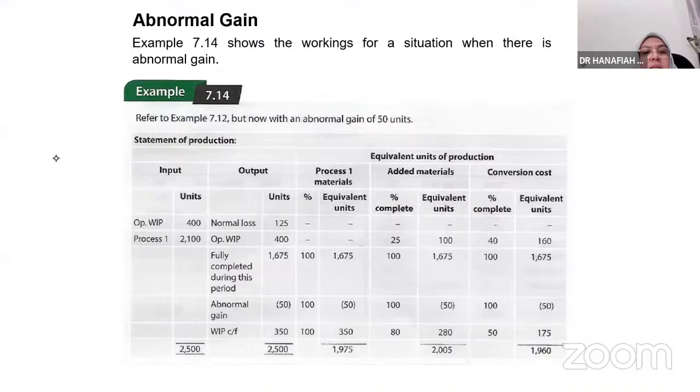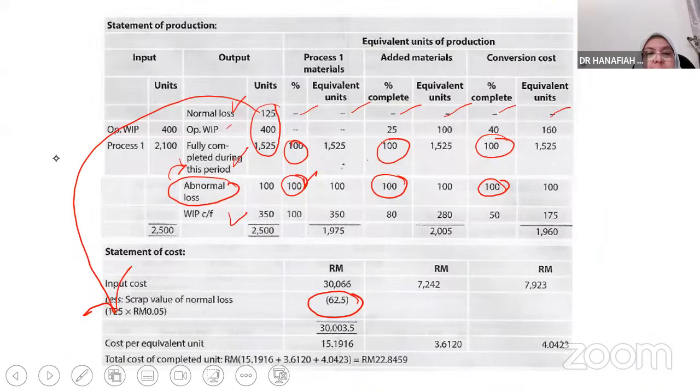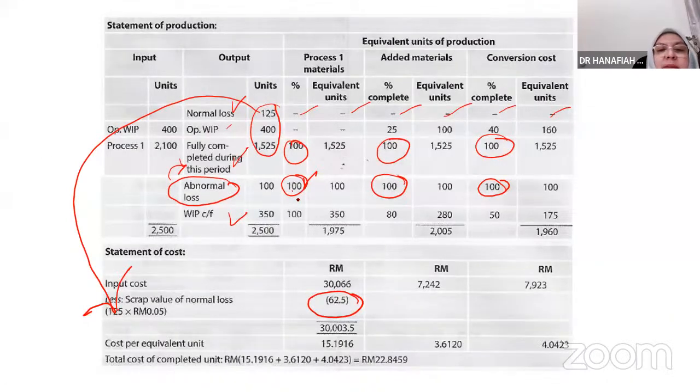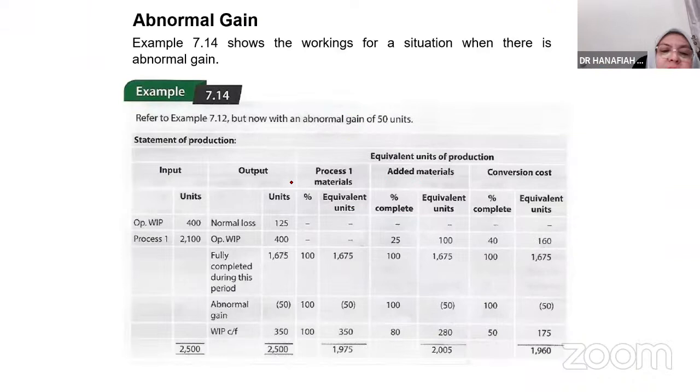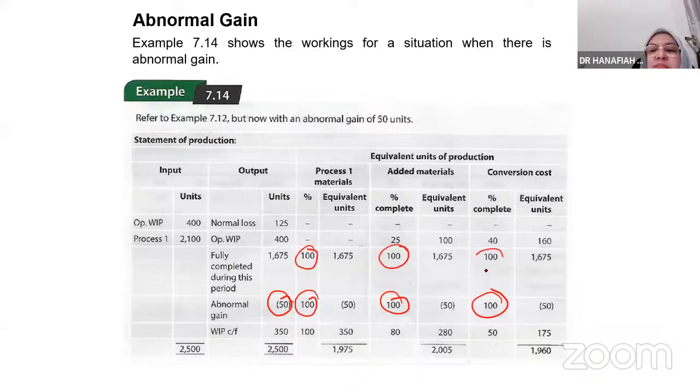this is actually the abnormal gain. Look at the example here where you have abnormal loss of 100. It is a positive sign, but if you go to abnormal gain, you have to put it in brackets. It means that 1675, you have to minus 50. However, the percentage is also the same, like your fully completed percentage.